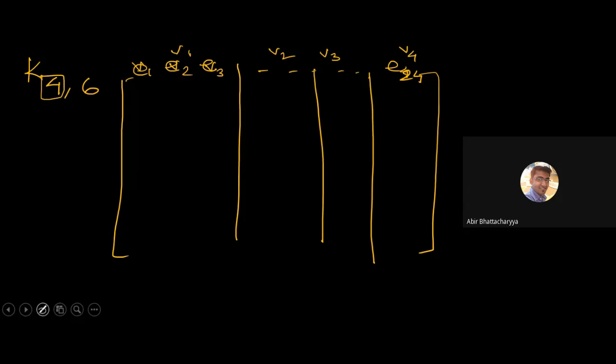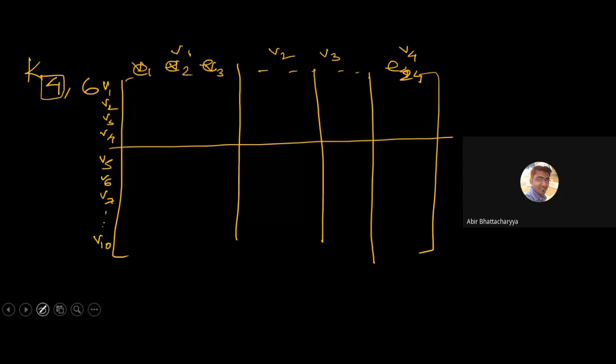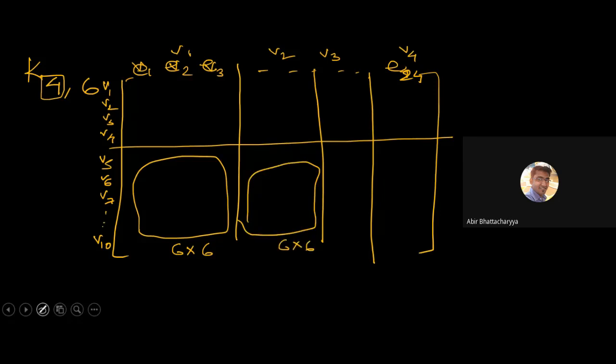So you can find a 4 by 4 matrix: V1, V2, V3, V4. This is going to be a block, and after that V5, V6, V7 up to V10. So this is a 6 by 6 matrix. This is also a 6 by 6 matrix, and this also, and this also.